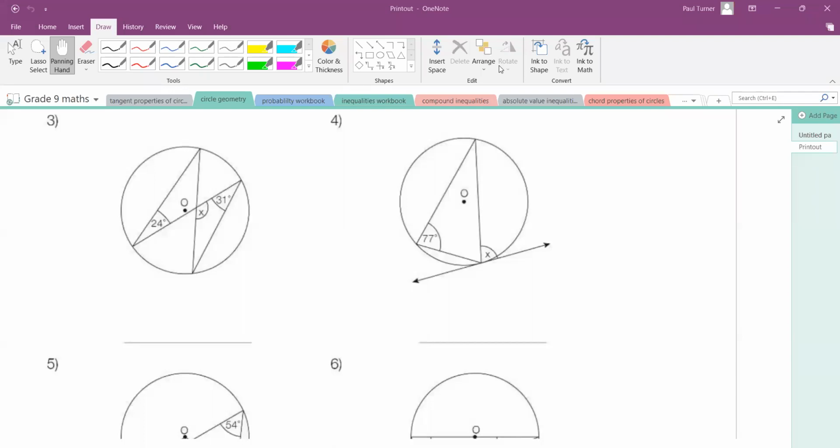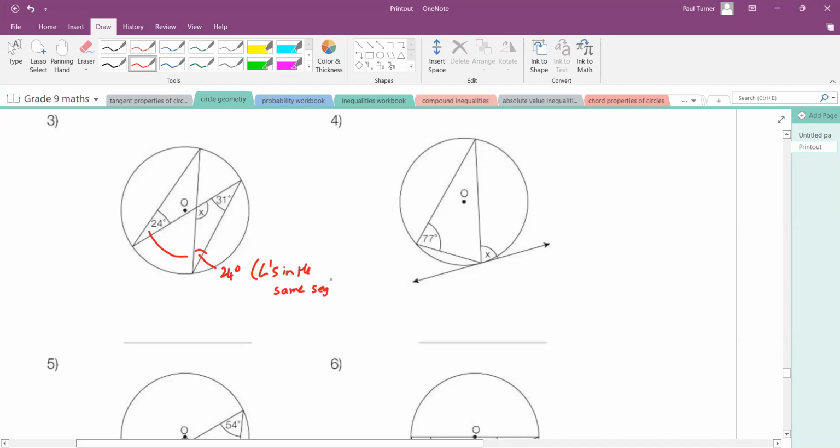Right, so in question 3, we got these crossing lines. So we've got a couple of chords that cross over it, and there's actually 4 chords, aren't they? 1, 2, 3, 4. So from this picture, I would say that I can call this angle here 24, because these angles are equal. So this angle is angle 24 because angles in the same segment. So that's the name of your rule.